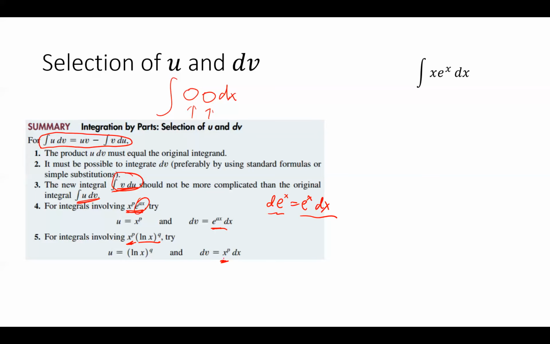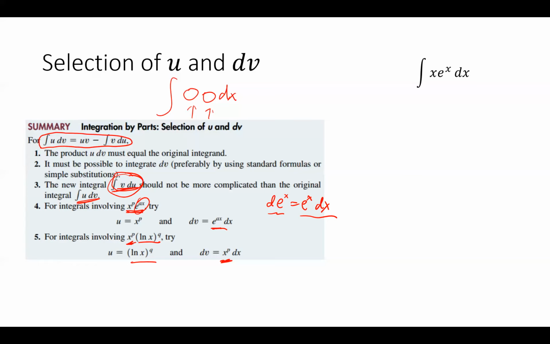And the reason is exactly that this is what we know how to calculate in terms of the integral, but this other one is a bit difficult to calculate. So whatever function goes into v, it should be simpler. Okay, so now let's look at one example to see how this works.